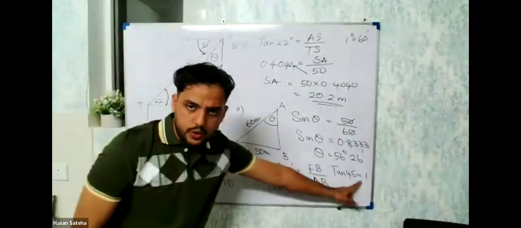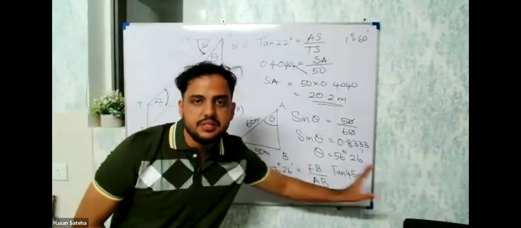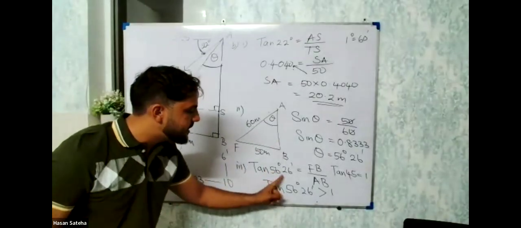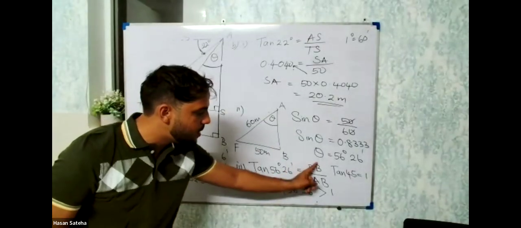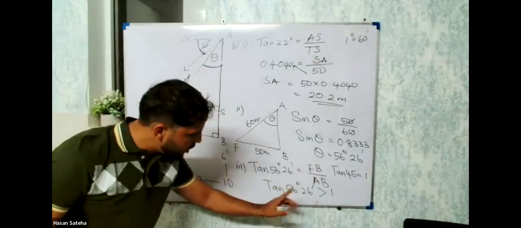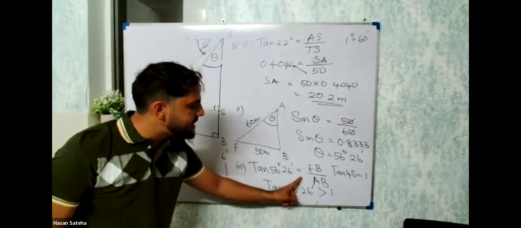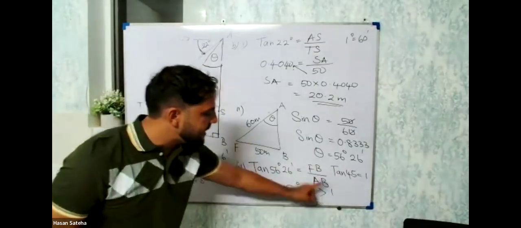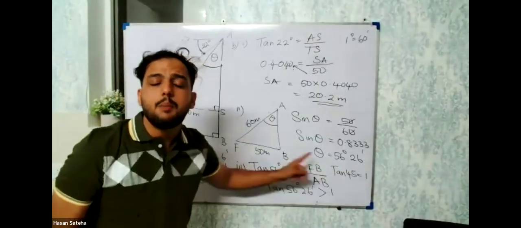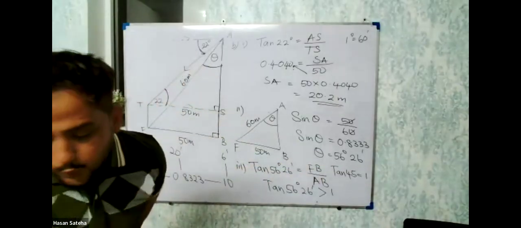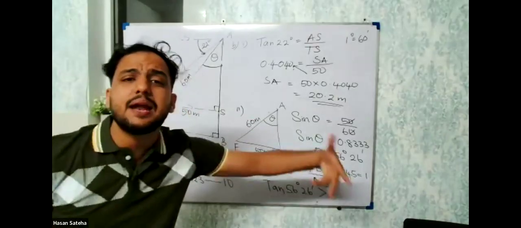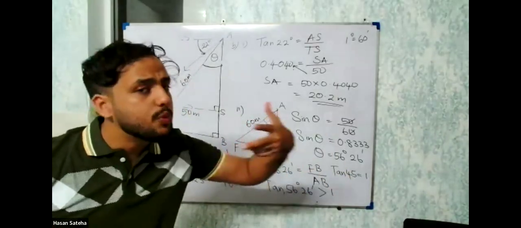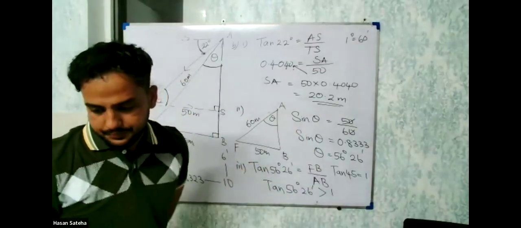So we know by value tan 45 is equal to 1. Also we know tan 56 degrees 26 minutes is equal to FB over AB, and definitely tan 56 degrees 26 minutes is greater than 1. Now if this is greater than 1, what does it tell you about the numerator and denominator? If a fraction is greater than 1, is the numerator bigger or the denominator bigger?